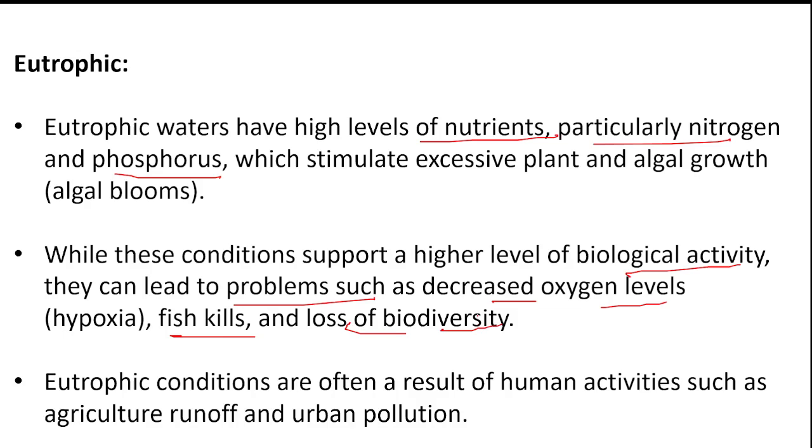Clear? So eutrophic has more nutrients than mesotrophic and oligotrophic. Oligotrophic has the least nutrients, mesotrophic has more, and eutrophic has more than both.